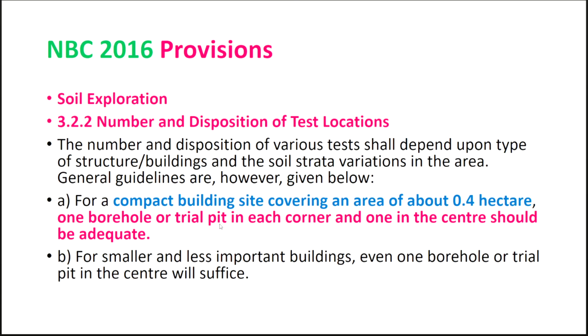So what we are supposed to do, we have to take one borehole or the trial pit in each corner and one in the center, which is required to be taken.